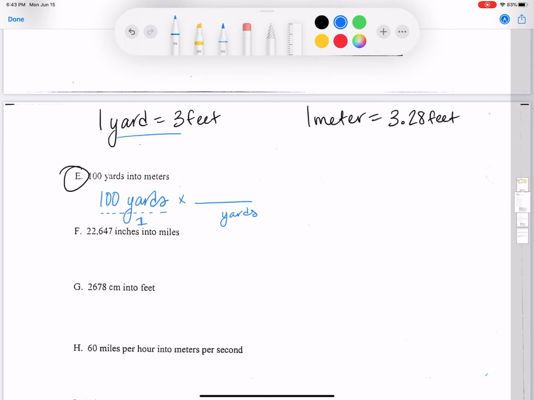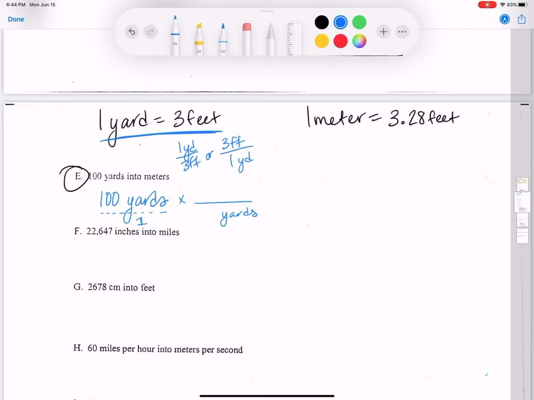So I'm going to take 1 yard equals 3 feet, and I'm going to turn it into a conversion factor that will have yards in the denominator, and that means feet in the numerator. So I now am going to say 3 feet over 1 yard. I could have also said 1 yard over 3 feet. So notice what I did there is that I put yards in the numerator and feet in the denominator.